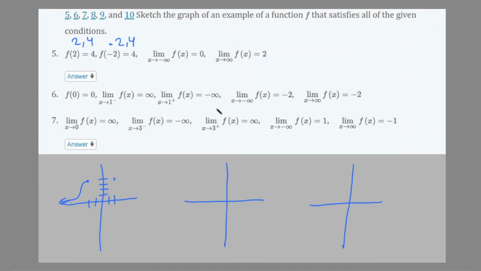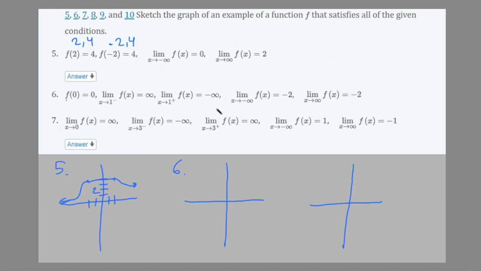So that means it'll never touch the x-axis, but it'll get ever so close to it. And we can connect our two points as well. And as x goes to infinity, f of x equals 2. So we would just draw a horizontal asymptote going towards 2. 2 is right here. So that's a viable graph, or acceptable graph, for number 5.